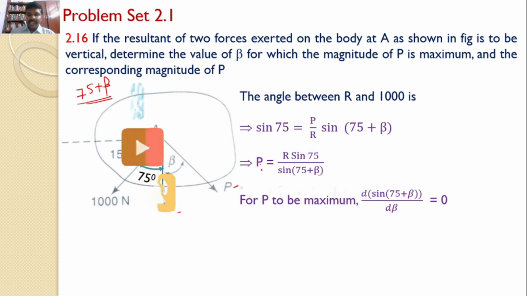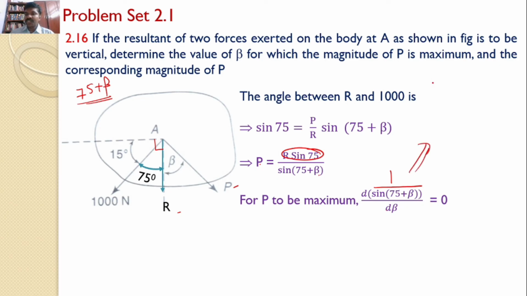For P to be maximum, the differentiation of R into sine 75 by sine 75 plus beta should be 0, or since R and sine 75 are constant, d by d beta of 1 by sine 75 plus beta is equal to 0.